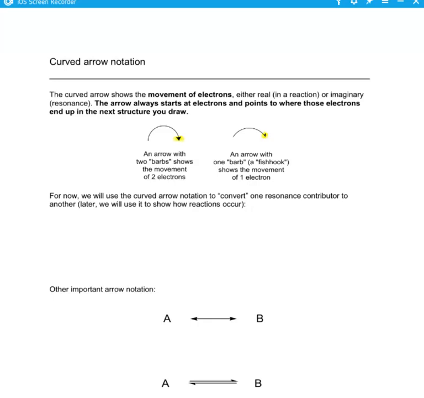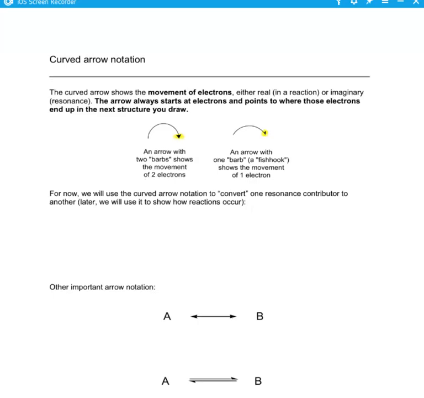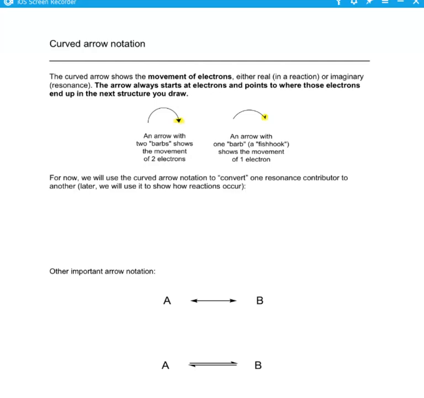That's called a fishhook arrow, and that's showing one electron moving by itself. So we're going to use the curved arrow notation in the context of resonance to show how two resonance contributors are related to one another.